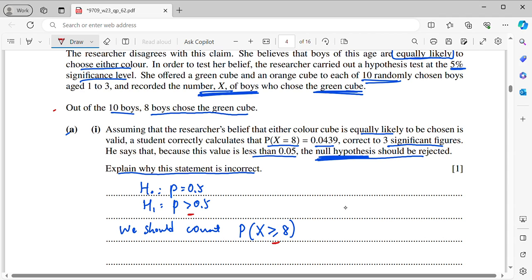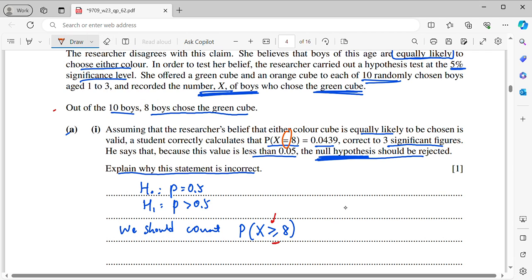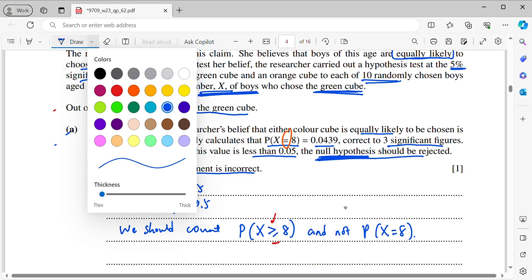If your p is less than 0.5 in your H1, it depends on your H1. So if it is greater than 0.5, it's a greater sign, therefore here greater than or equal to. But if it is less, then here should be less than or equal to. And not just to count P(X equals 8). So this means the mistake is over here. The explanation is we should count this probability and not P(X equals 8) due to your H1.